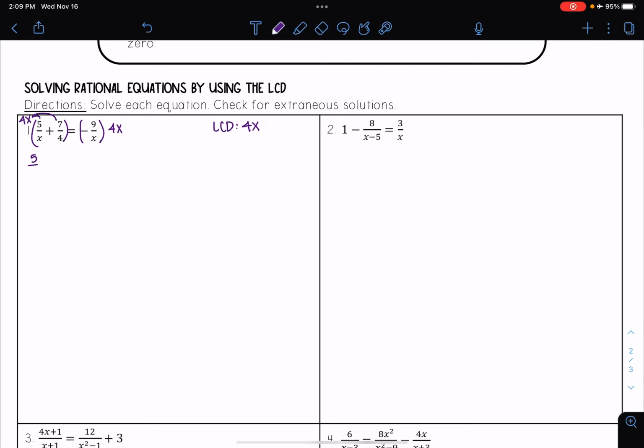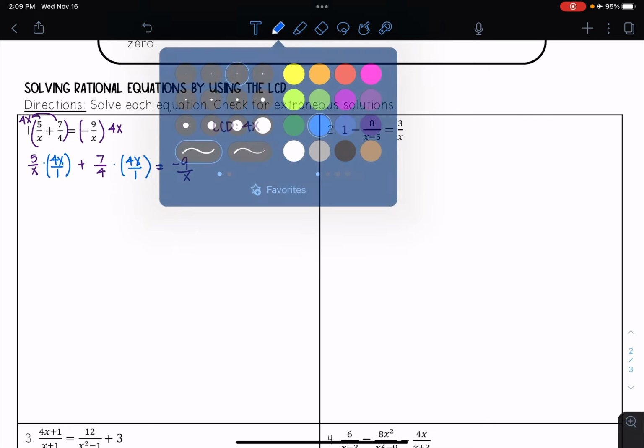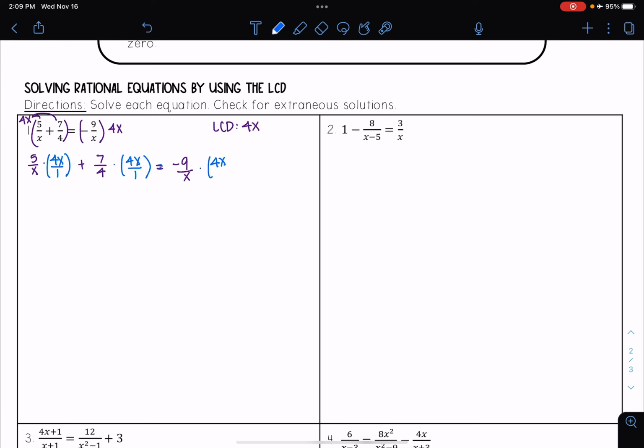So I have 5 over x times 4x over 1 plus 7 over 4 times 4x over 1 is equal to negative 9 over x times 4x over 1. Essentially I just multiply every single term by my least common denominator.